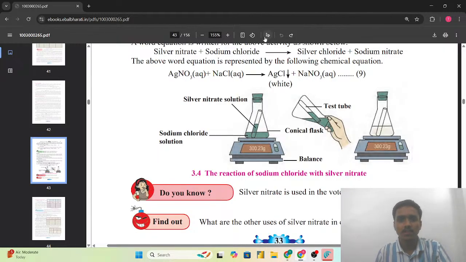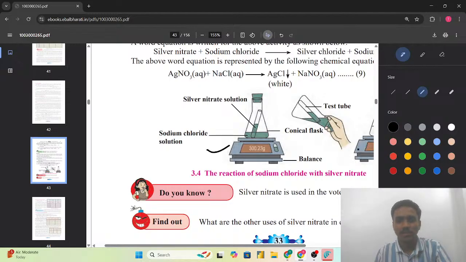As we can see, the atomic mass of the reactant and the atomic mass of the product are both the same. That means it follows the law of conservation of mass.